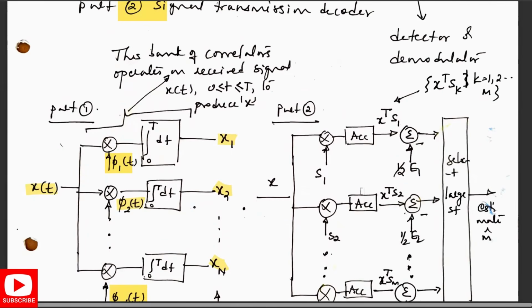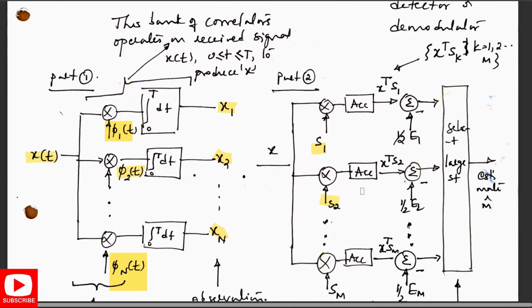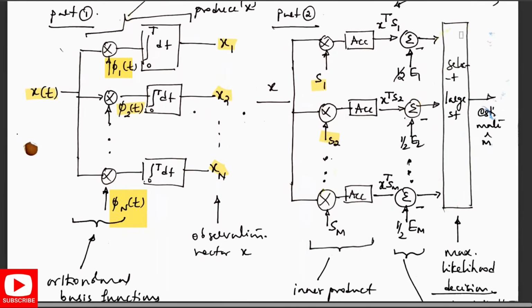In part 2, as I said, the signal decoding part, x is given along with the signals s1, s2, and sM, and these give the inner products. That is sent to the accumulator. In the accumulator, we use summation along with the minus half of the signal energy, along with the output of the correlator.